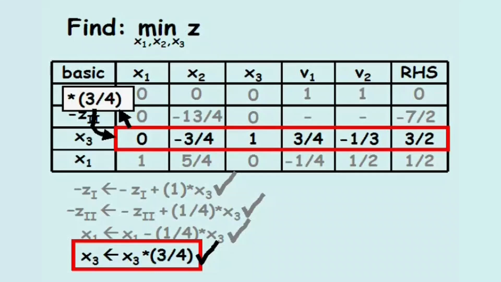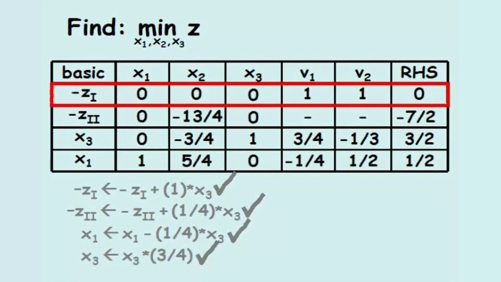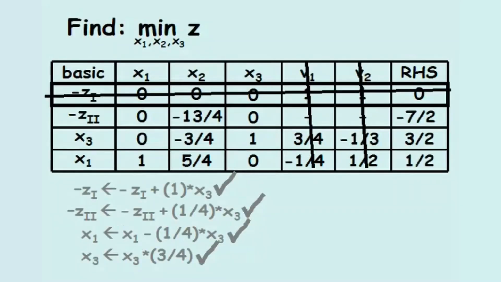Since both artificial variables are now non-basic, their values are 0 and phase 1 is complete. Now, row z1 and columns v1 and v2 can be removed from the tableau.